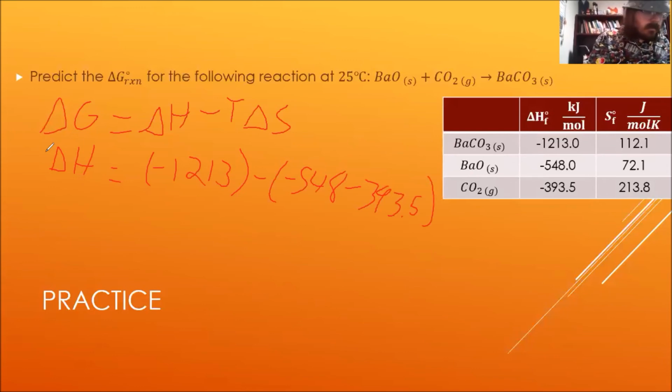You add those up, you've got to remember, subtract a negative. It's the same as adding a positive. So what we get is not 2,000 something, but negative 271.5. Units are kilojoules per mole.